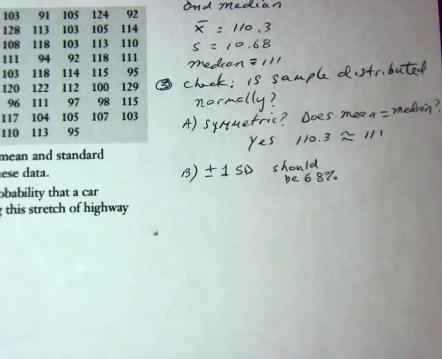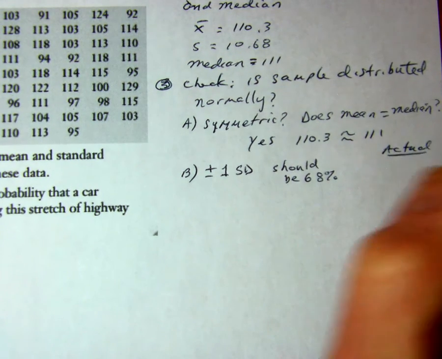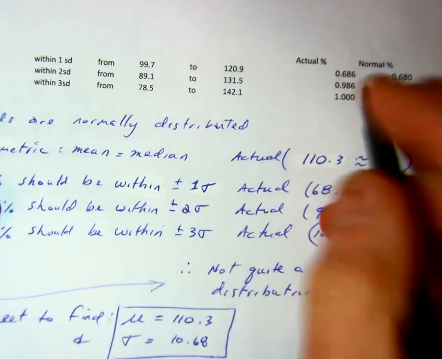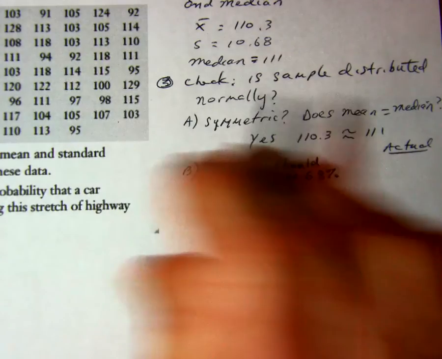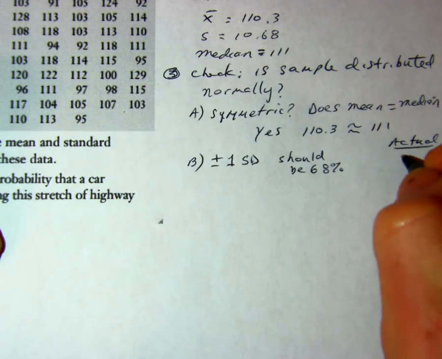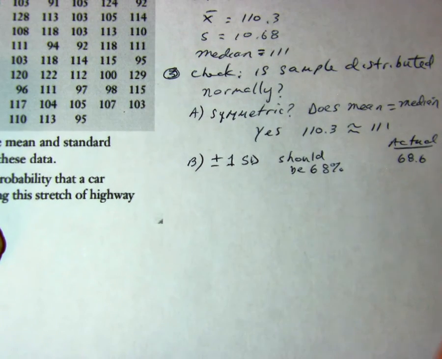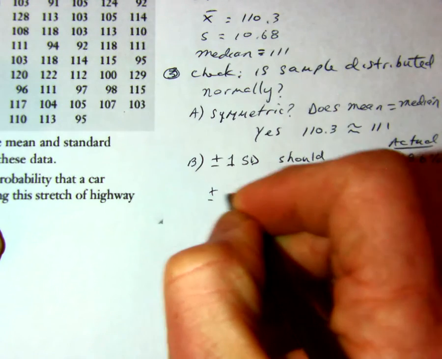You're close. Again, the actual for this data was 68.6. So that's pretty close. And do you remember what plus or minus 2 standard deviations was?